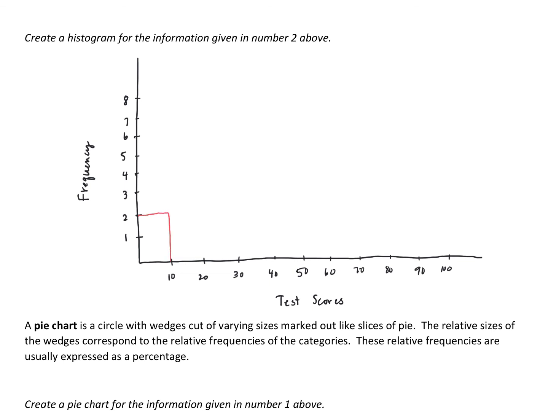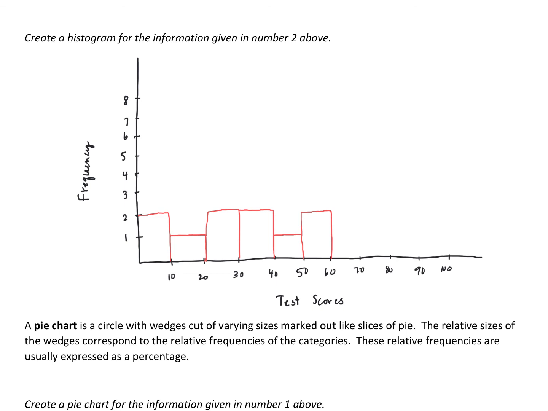Then the next class was 11 to 20. It had a frequency of 1. And that should be right at the 20. Then from 21 to 30, there were 2. From 31 to 40, there were 2. From 41 to 50, there was 1. From 51 to 60, there were 2.